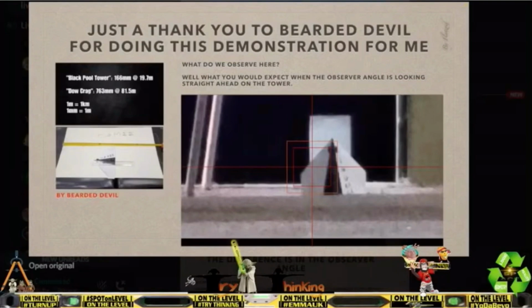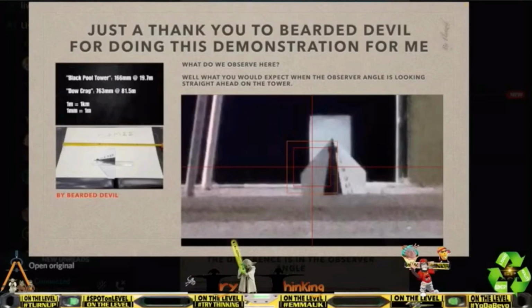So all I'm trying to demonstrate here is, yes, he did it to scale, brilliant, but just because of the observation angle alone, it shows that you cannot really do it to scale. So it's all just optical in the end of the day.